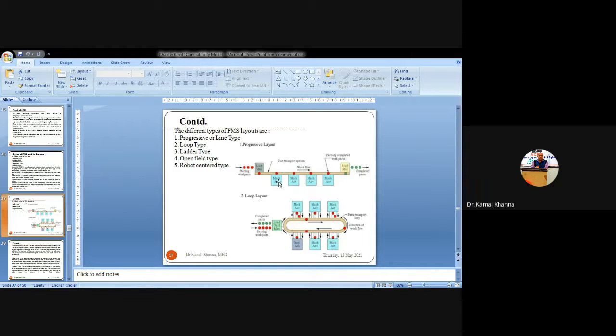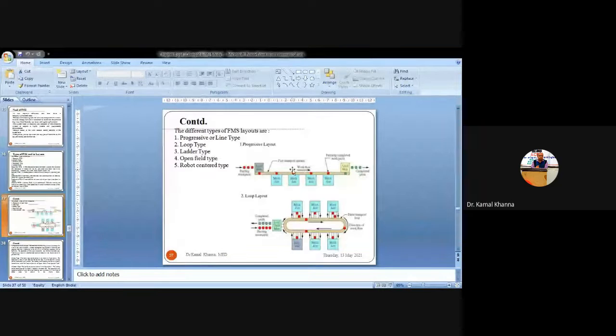So here the workpiece is entering from one end and it is leaving at the other end of the line. So this is called the line layout. In this way the material is being processed. This is the drawback of this line type FMS layout: if any of the machines breaks down or encounters some error, the whole line will stop.